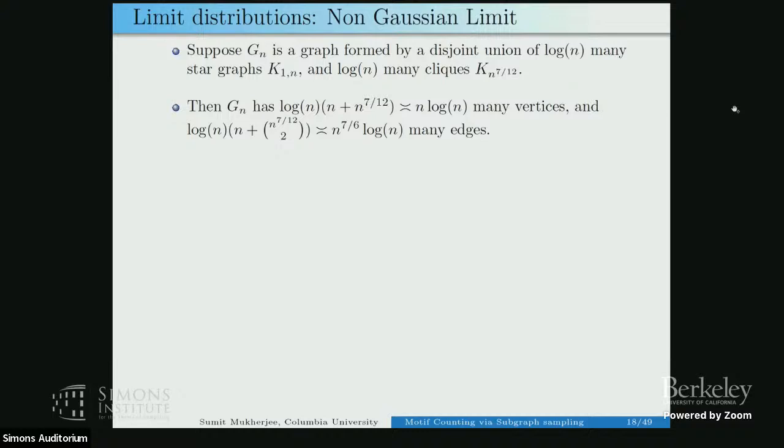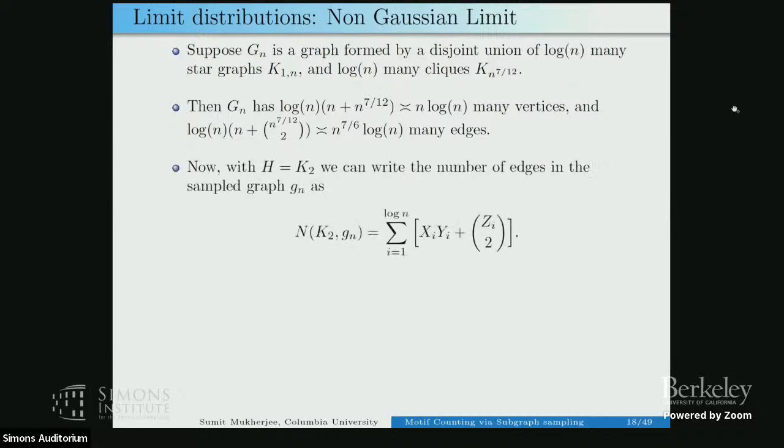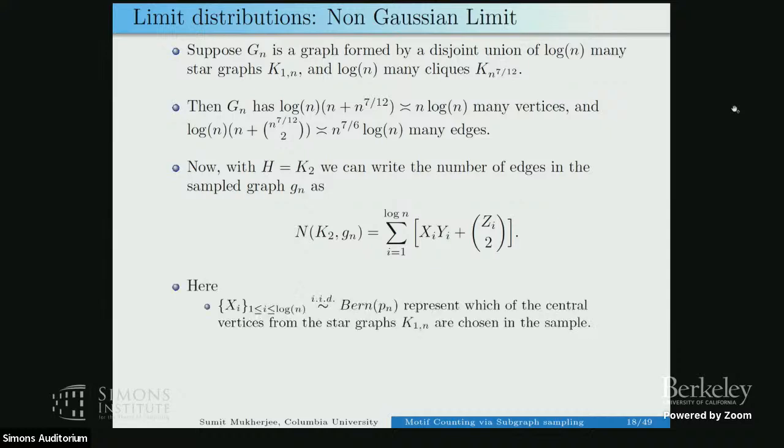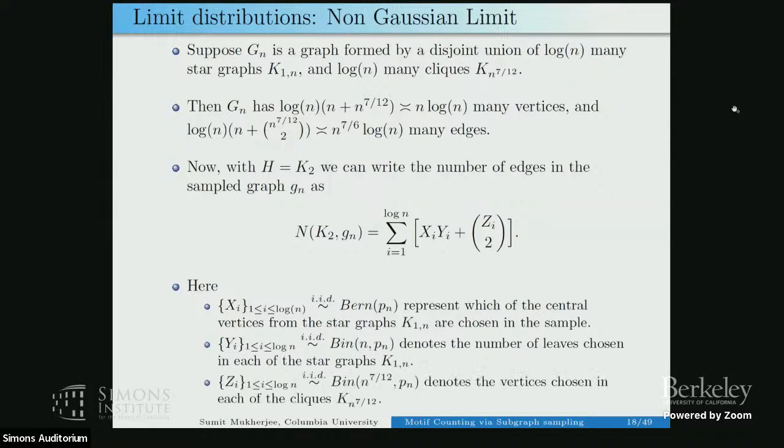For the vertex count, the star parts dominate; for the edge count, the clique parts dominate. This is the exact representation for the number of monochromatic edges: X_i is a Bernoulli, Y_i is a binomial, Z_i is a different binomial, just written more cleanly.